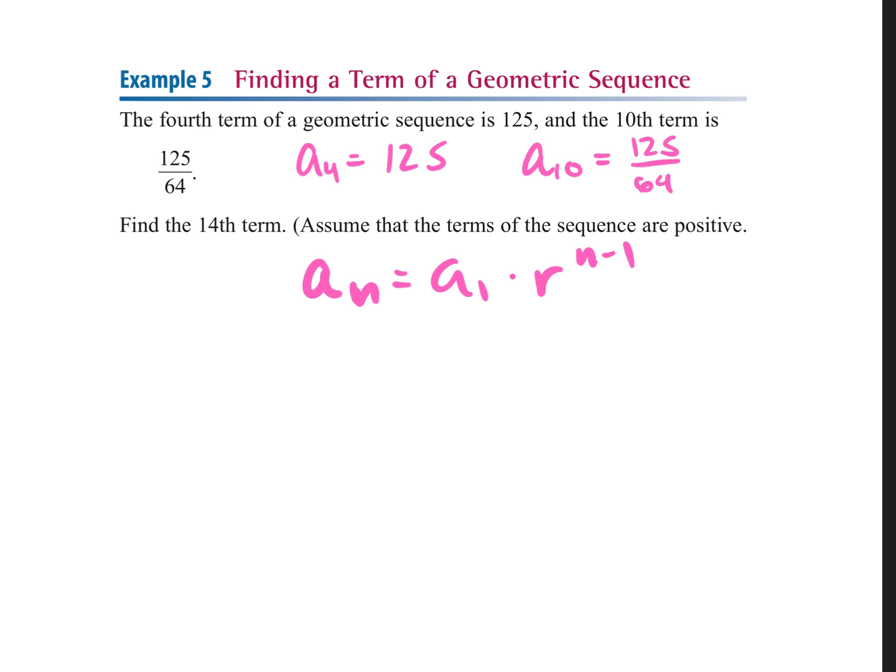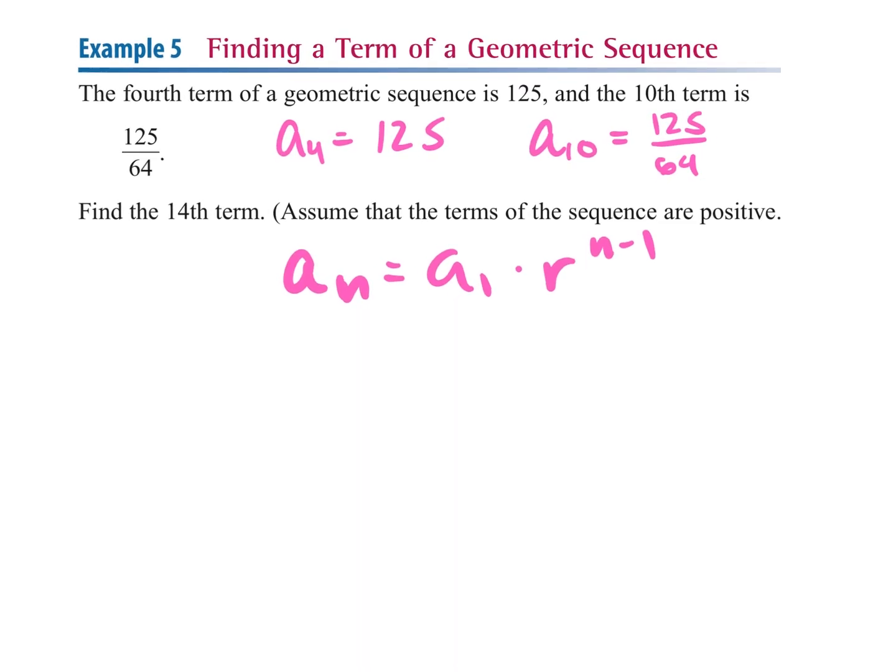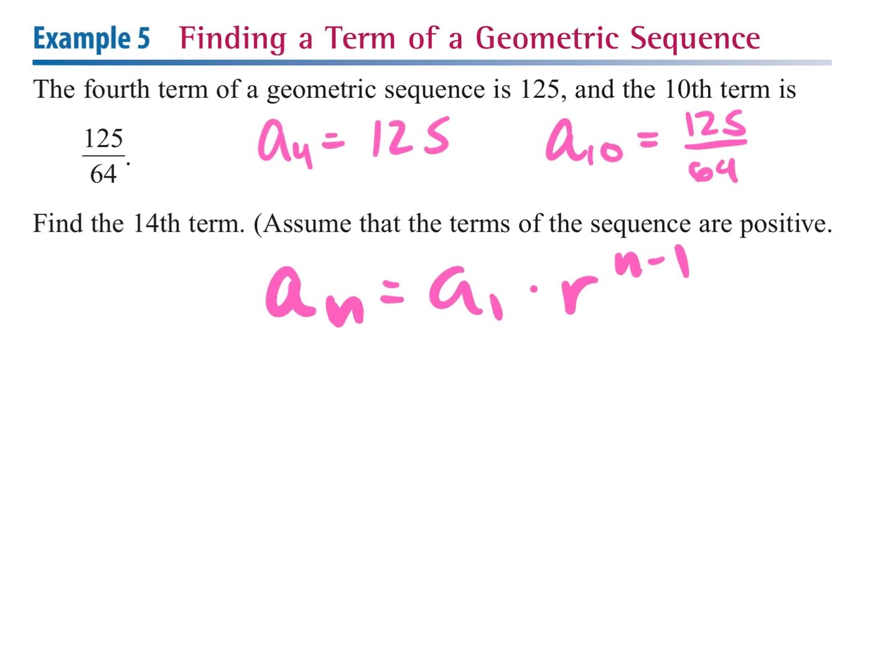So we're going to solve this the same way that we did with our arithmetic sequence, where we weren't given our ratio or the first term. So we have to start with the term that's farthest from our first term. Which one would that be? A sub 10. So we have to start with the one farthest from the first term.